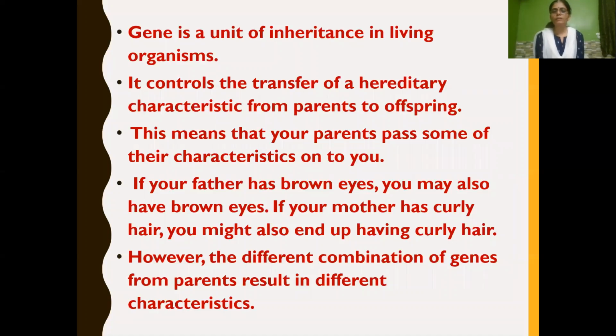Suppose, for example, your father has brown eyes, you may also have brown eyes, and if your mother has curly hair, you might also end up having curly hair. That is, the characters of both parents are passed from them to us through genes. Got it? And that is why we resemble our parents.